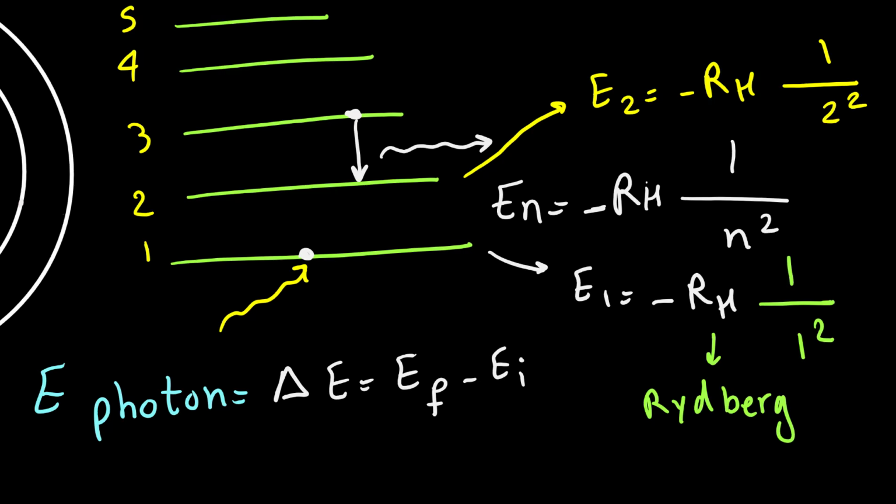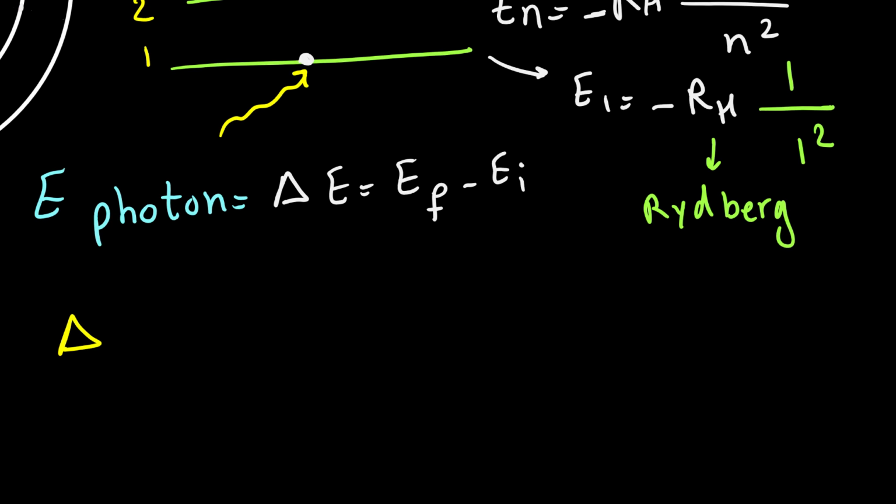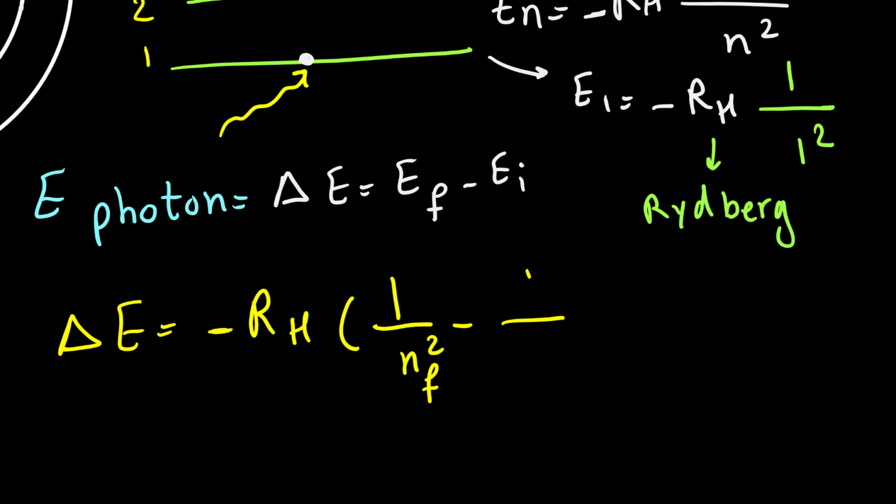To find delta E, the difference in energy of the final and initial states, we can subtract two of these equations and we end up with this new formula: negative Rydberg constant times 1 over final n squared minus 1 over initial n squared.